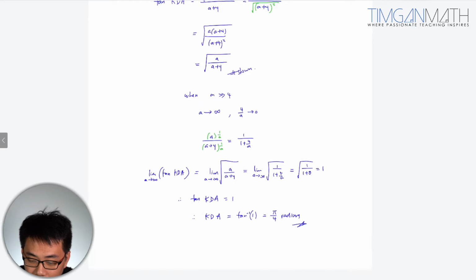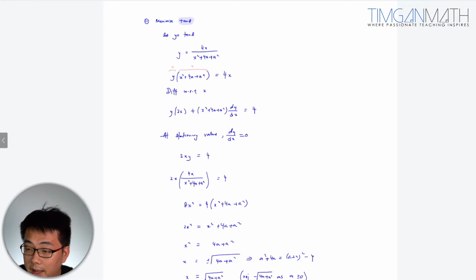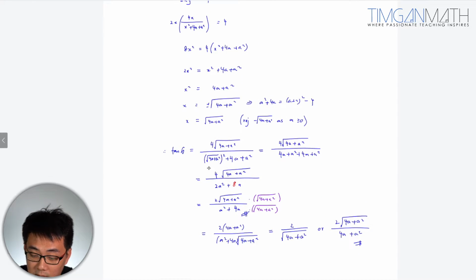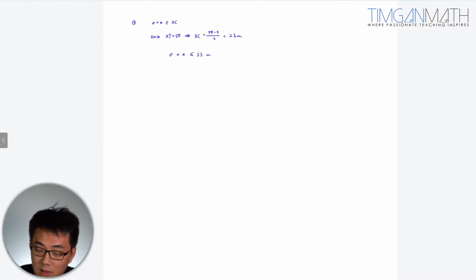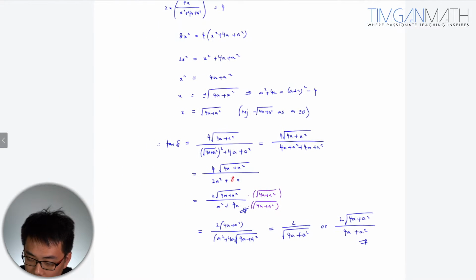Once you're done with that, we could actually use the optimal angle, because we want to find the range of the optimal angle, right, which is this part here, tangent angle. So the optimal angle theta is just tangent inverse. You can use either one, so I'm going to use maybe this is easier.